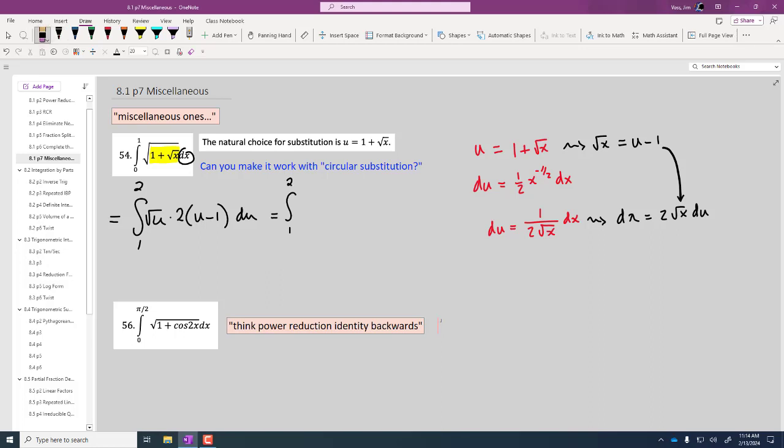So that 2 can certainly pop out to the front as a coefficient. And then we have u times u to the half, so that's u to the 3 halves. And then square root of u times 1, that's just u to the half du.